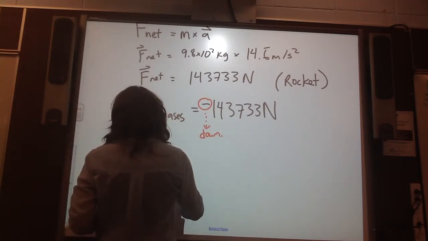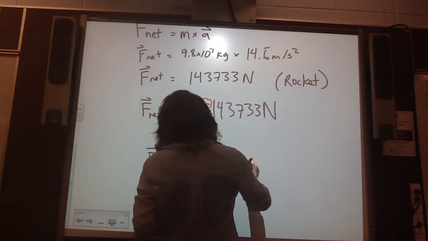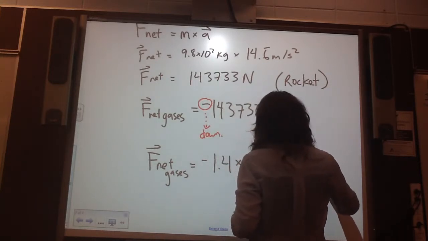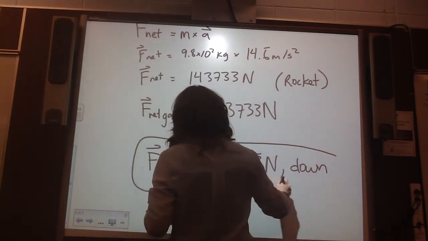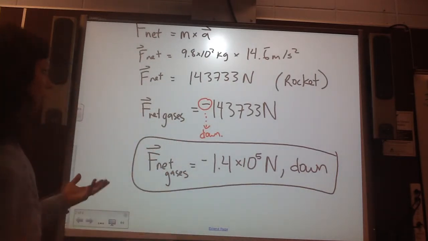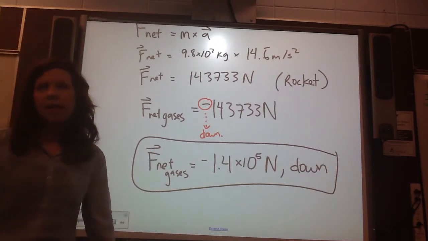So my F net of my gases is equal to negative 1.4 times 10 to the 5 newtons, down. And that's how we apply both Newton's third and second law to a mathematical problem.